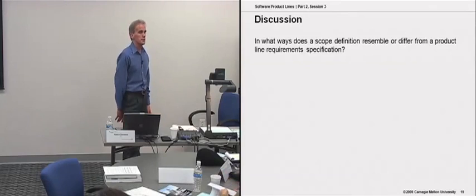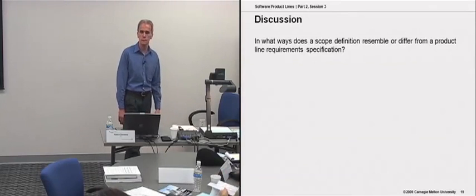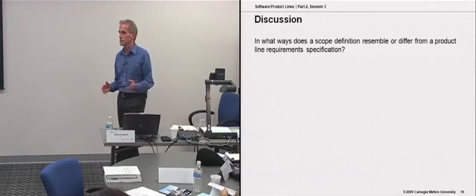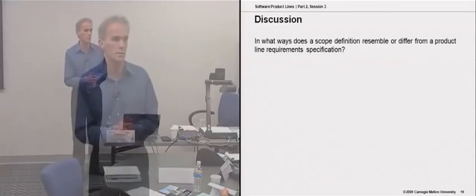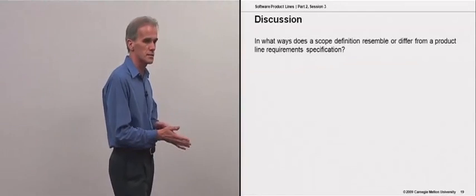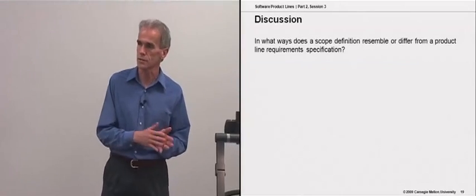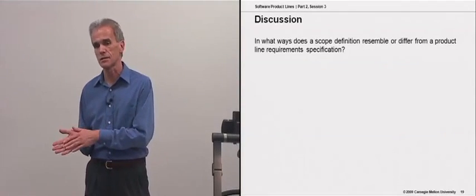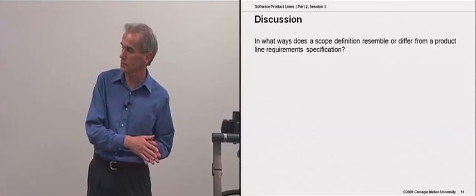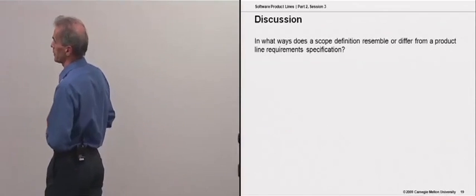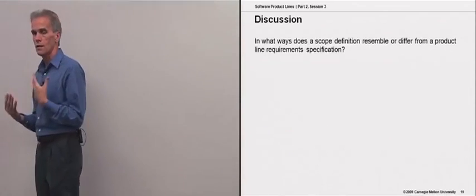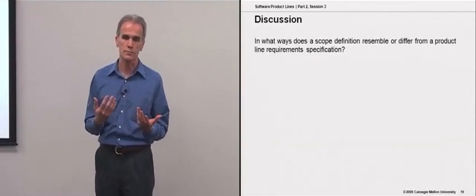We've talked about a scope as being what's in and what's out, and an identification of a proposed set of products. And we've also talked about the requirements for a whole set of products, and common requirements and variant requirements that allow you to distinguish one product from another. So how do these two artifacts relate?